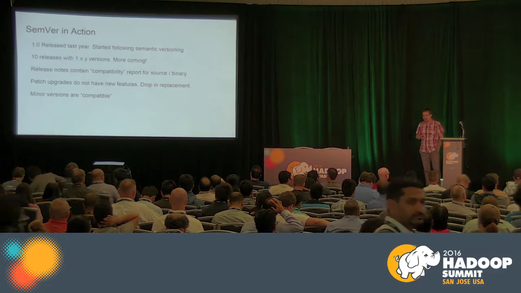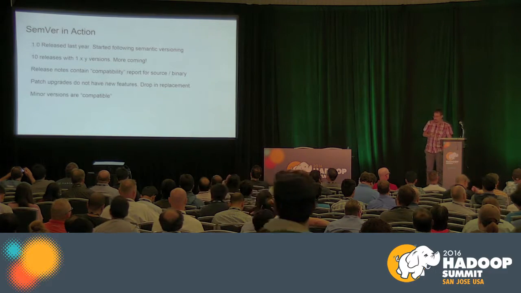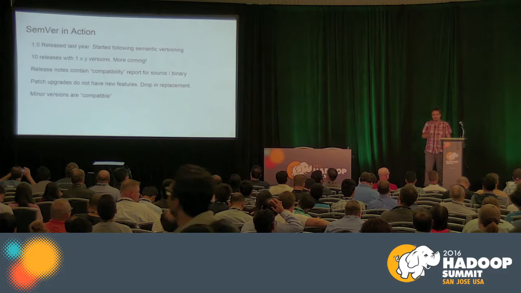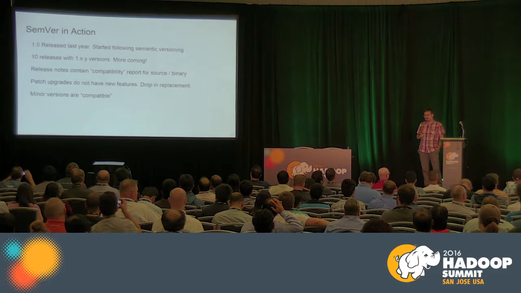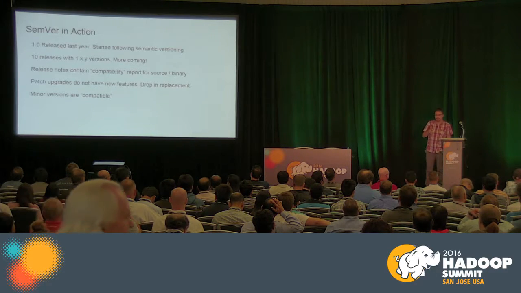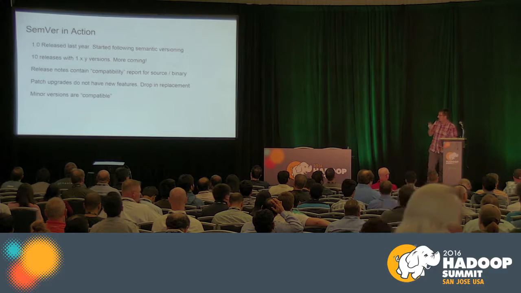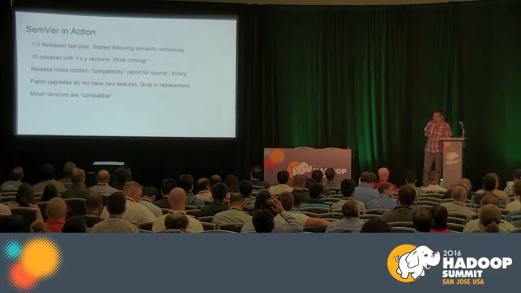So again, we've started doing the semantic versioning starting with 1.0. And we've already done 10 releases so far with the semantic versioning scheme. So we have 10 different releases of the 1.x.y kind of scheme, and more is definitely on the way. We will cover that as well.